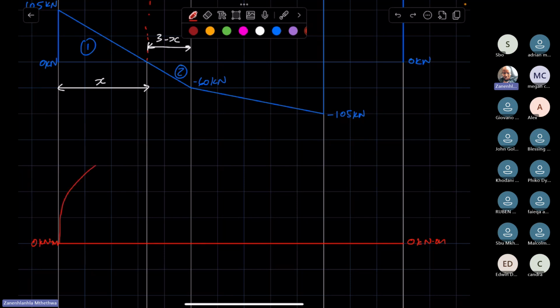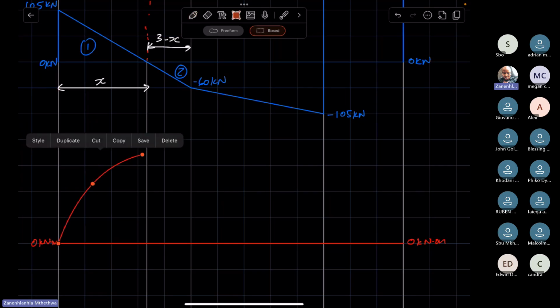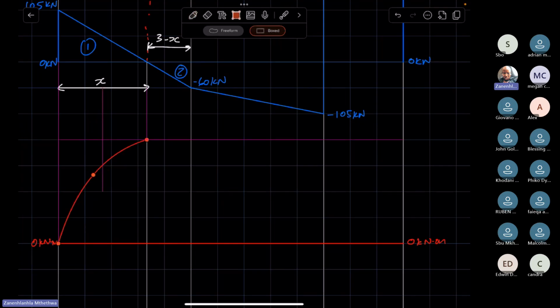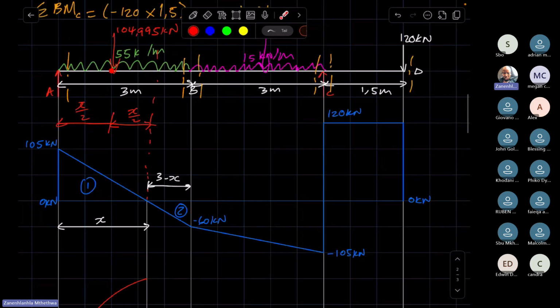So we're going to draw a line. It's curvy. There we go. You draw a parabolic line, which shows that in this span of the beam you have a UDL.